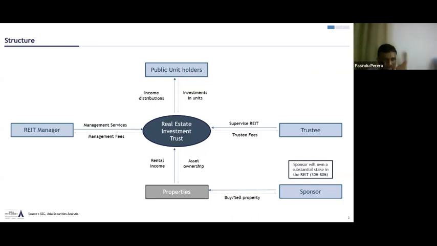Likewise, your real estate investment trust can be formed. Then out of the new funds that you raise, you can invest in further new properties, and the properties will give you rental income. That will be the income of the real estate investment trust.